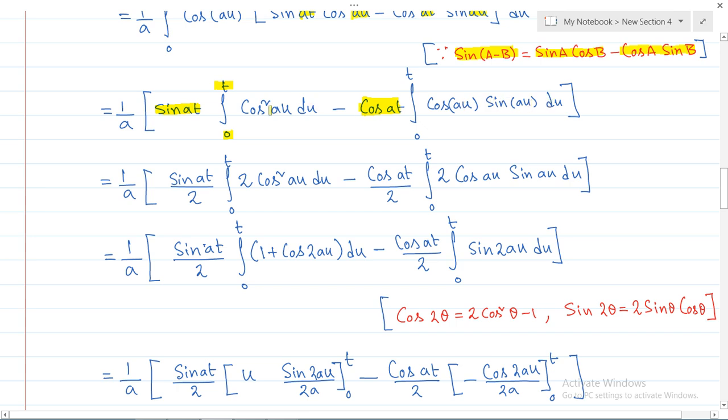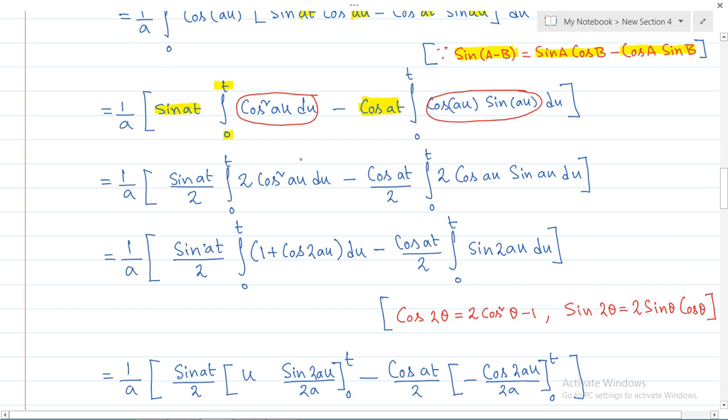But inside these two, cos squared au is not in a form that we can integrate, so we have to make it into a double angle formula. Similarly, this part is also not in a form that we can integrate, so we make it into the double angle formula.